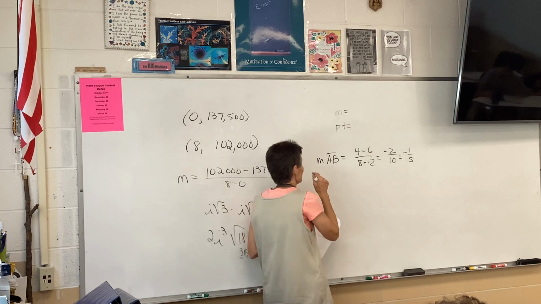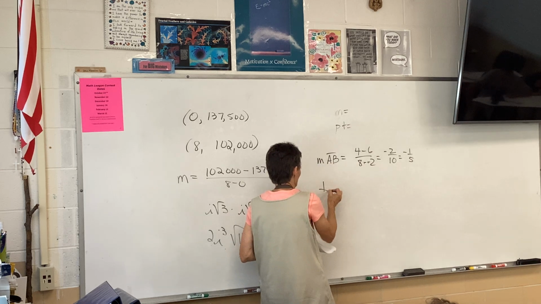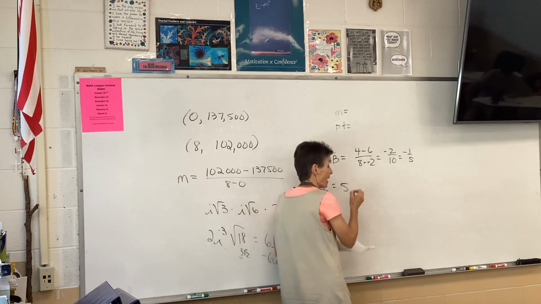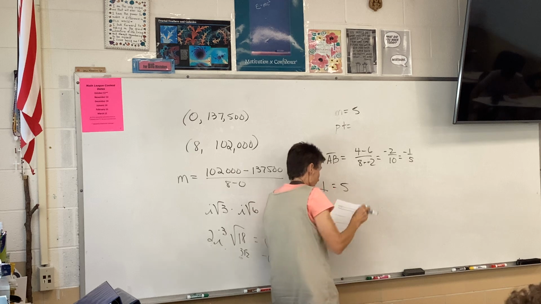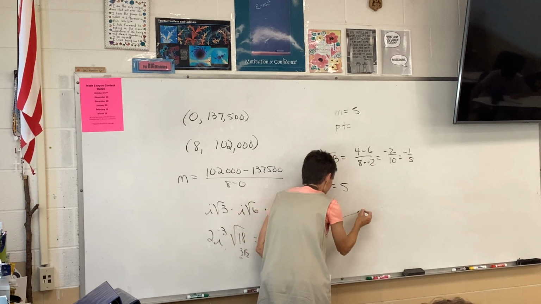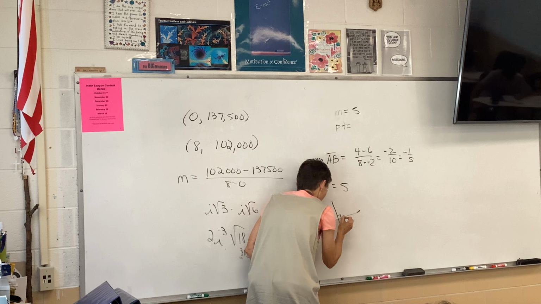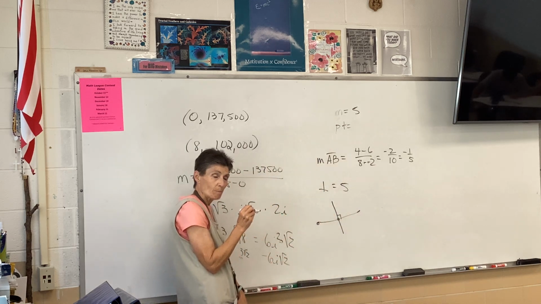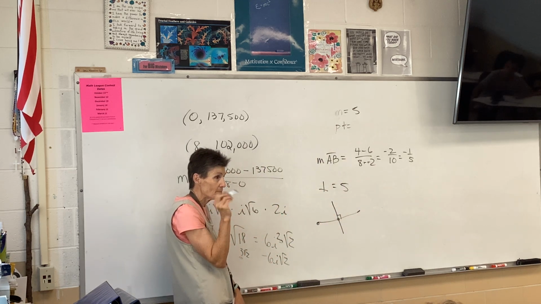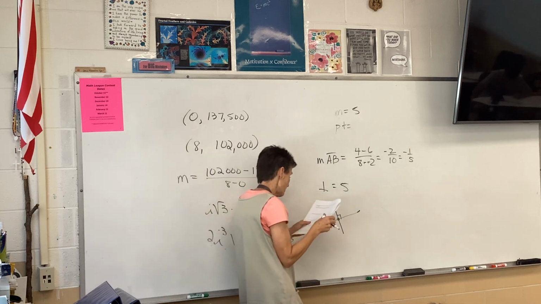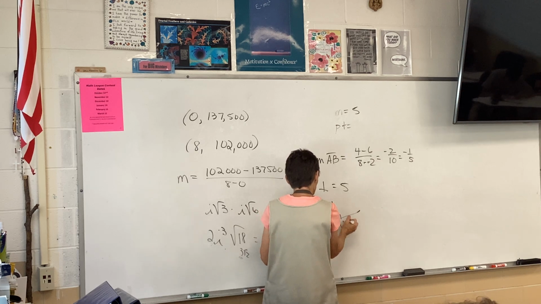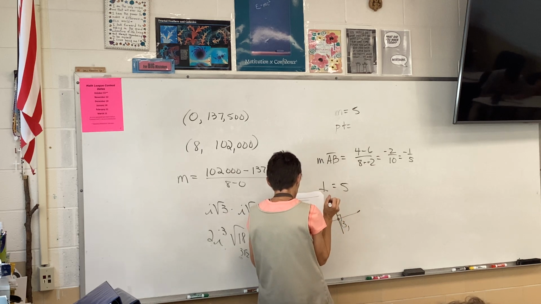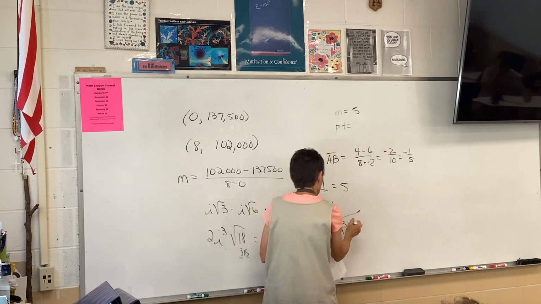But I need it to be perpendicular, so that'll be positive 5. And then, here's A and B, and I need the perpendicular bisector. So bisector means halfway, midpoint. So the midpoint of this is negative 2 plus 8 divided by 2. Is that 3? And 6 plus 4, 5.